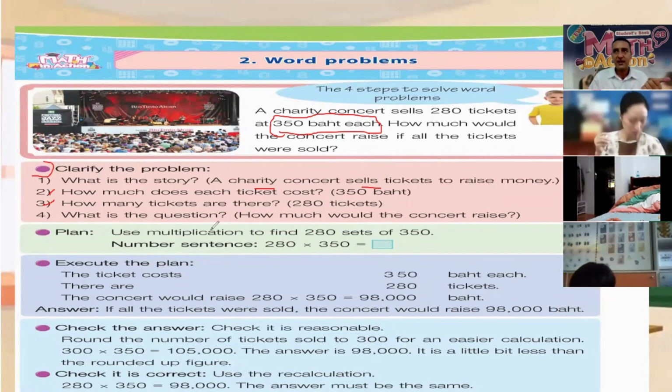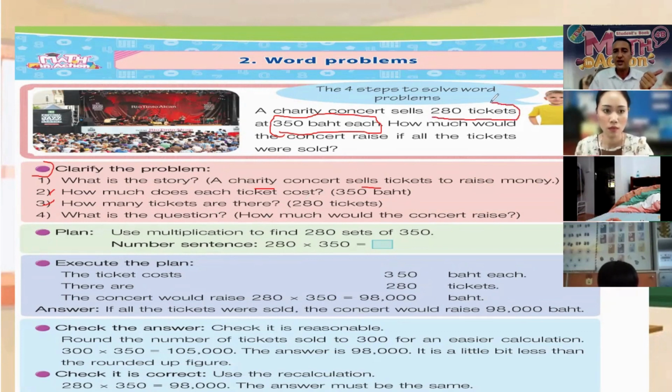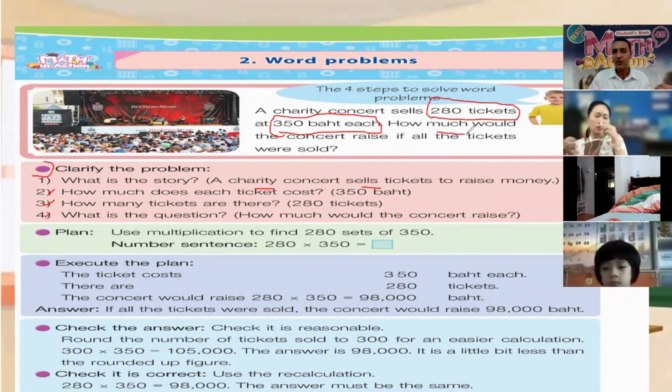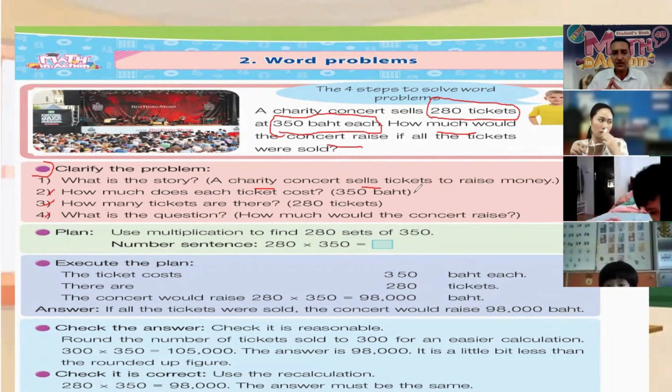Here we can see 280 tickets. Now, number 4, what is the question? The question is, how much money would the concert raise if all tickets were sold? So we have already clarified the problem.